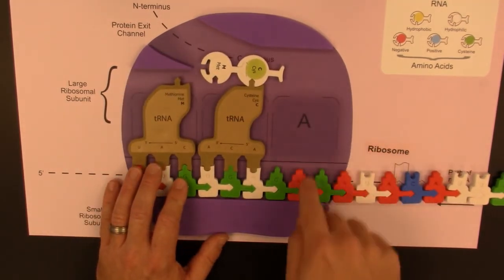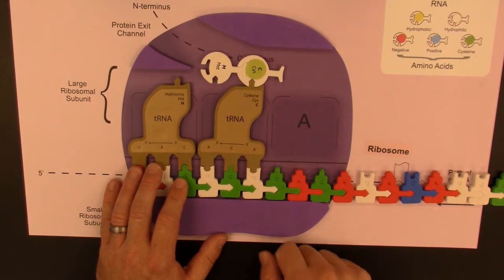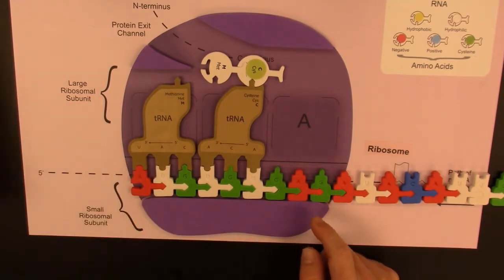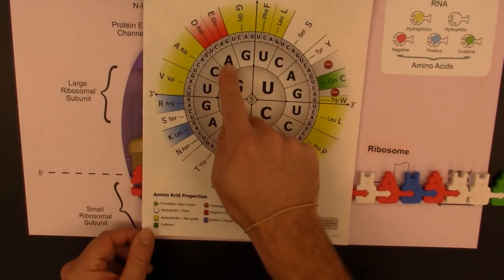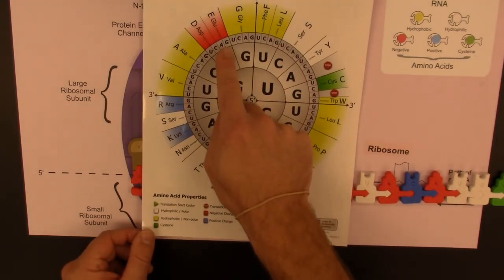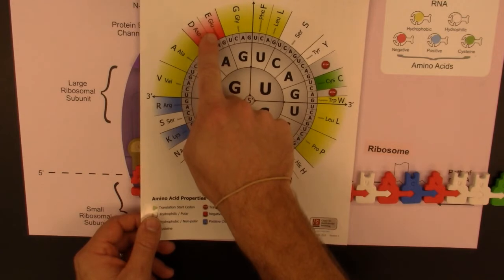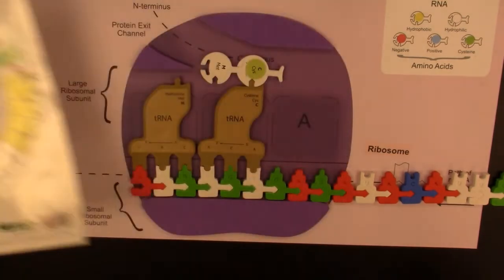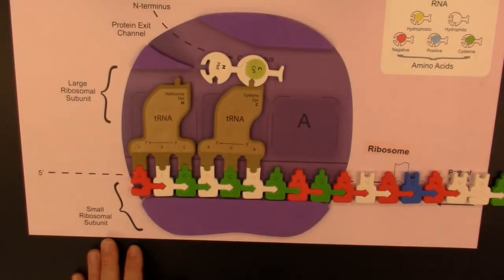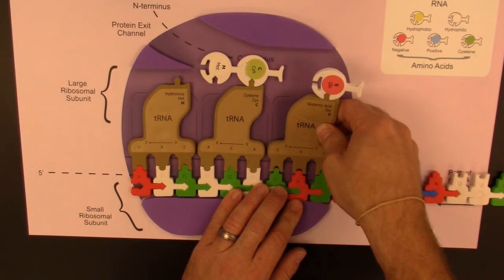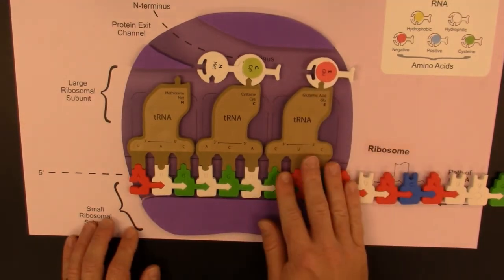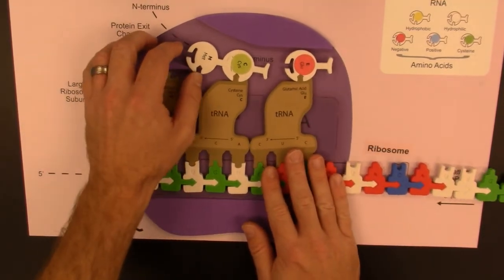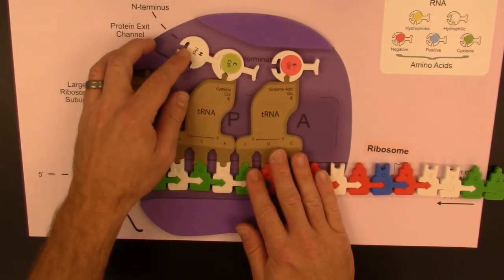Now our next amino acid to come in, GAG. I'll look at my genetic codon circle. GAG. And here we go, GLU, glutamic acid. And again, we move along through our ribosome.